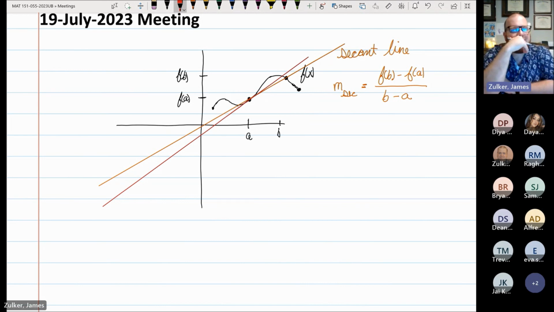So a line that touches the graph at a specific point is called a tangent line.